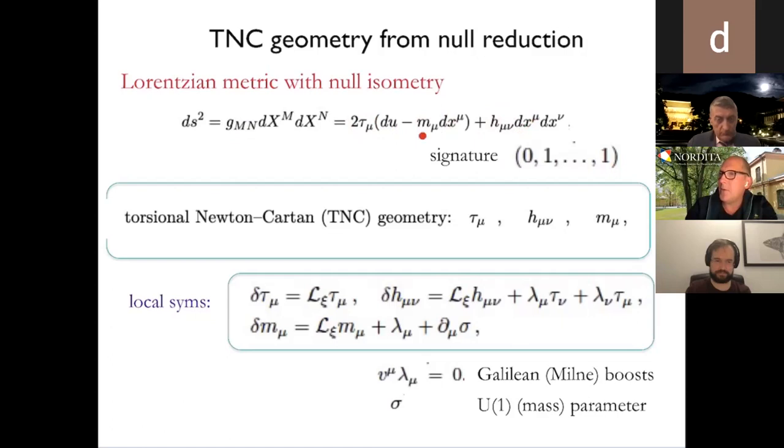These fields here, tau, h, m, actually define for you what is Newton-Cartan geometry. You can show from the transformation properties of the metric, by looking at this form, the local symmetries that act on tau, h, and m.